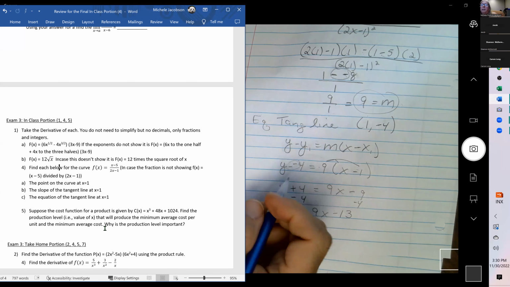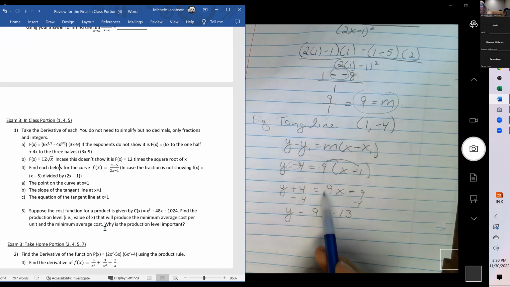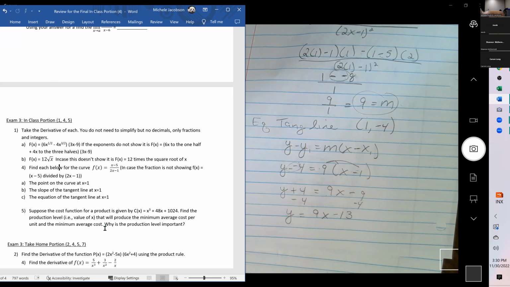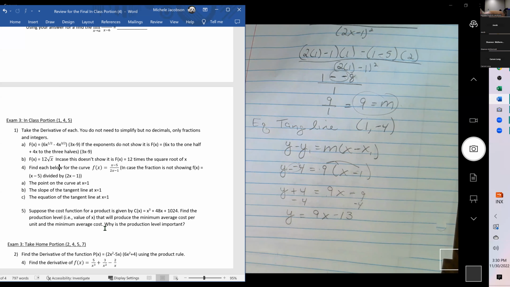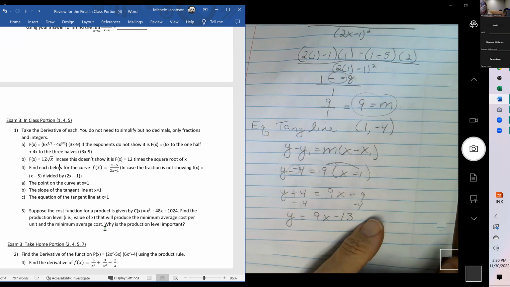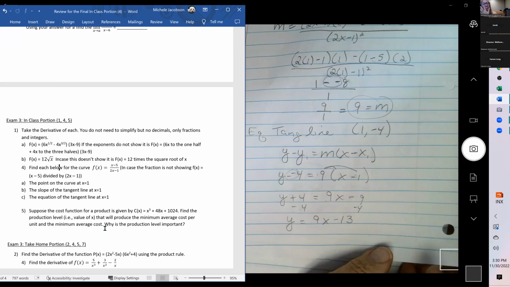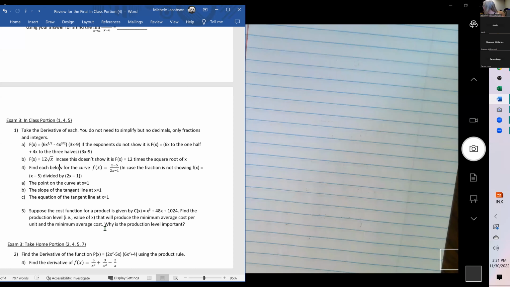So distributing the 9, we get 9x minus 9, and then subtracting the 4, we get y equals 9x minus 13. Any questions on that? Any questions so far?